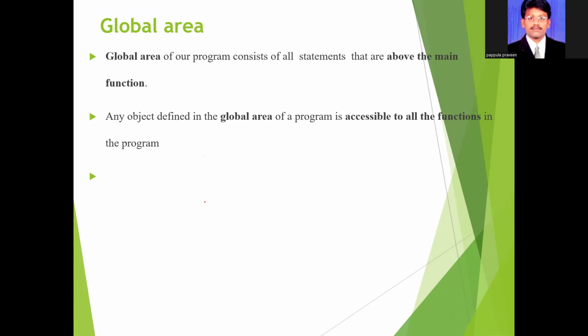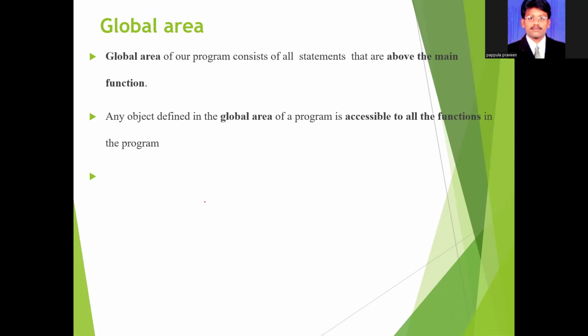Next, you declare the linkage section, which means you declare all header files. After header files, you declare the prototyping section as well as the global area section. Global area means global variable declaration. This declared variable is accessible anywhere in the program. It means in the main method, it is accessible, and outside the main, this variable is also accessible.